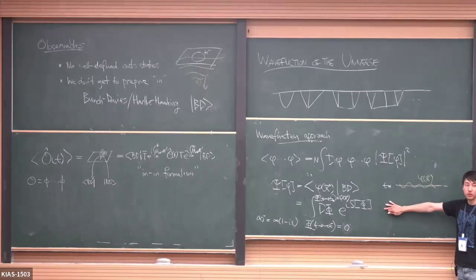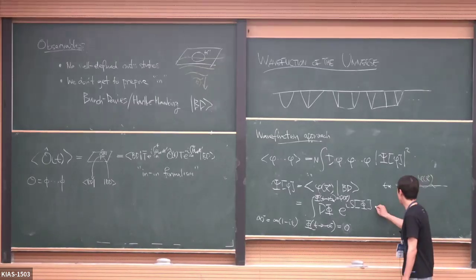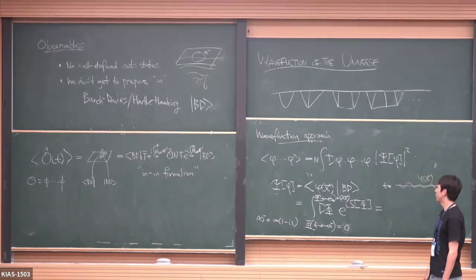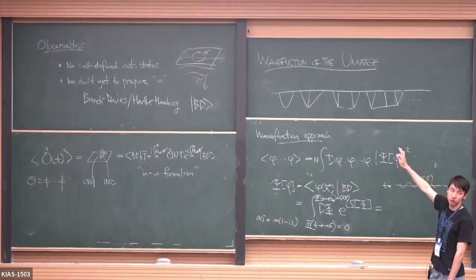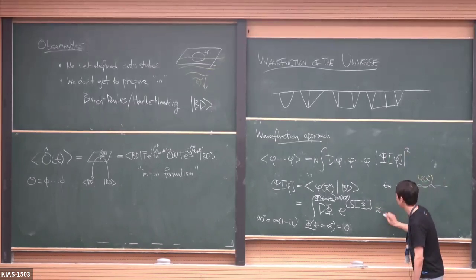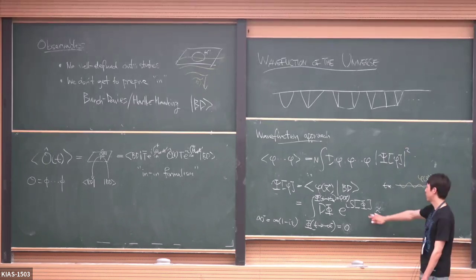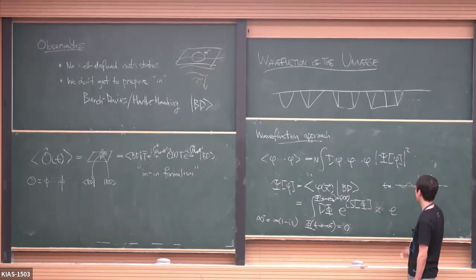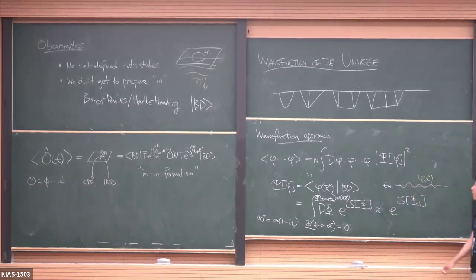So how do we compute this path integral? We will be mostly interested in the tree level process for now. In that case, we can approximate this with a saddle point approximation. So this will be dominated by the saddle point, which is given by just the action evaluated on a classical solution for this phi field.